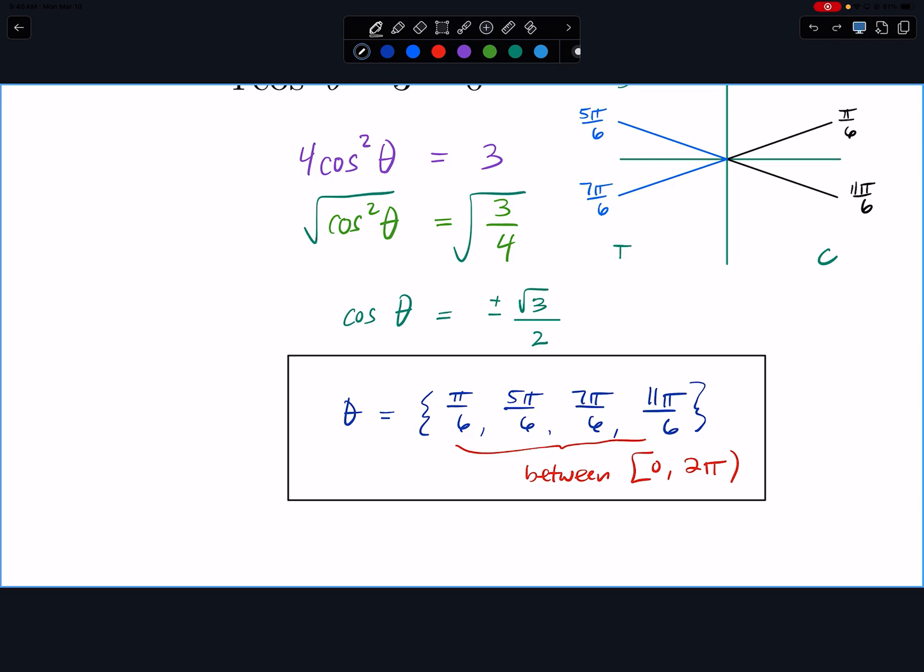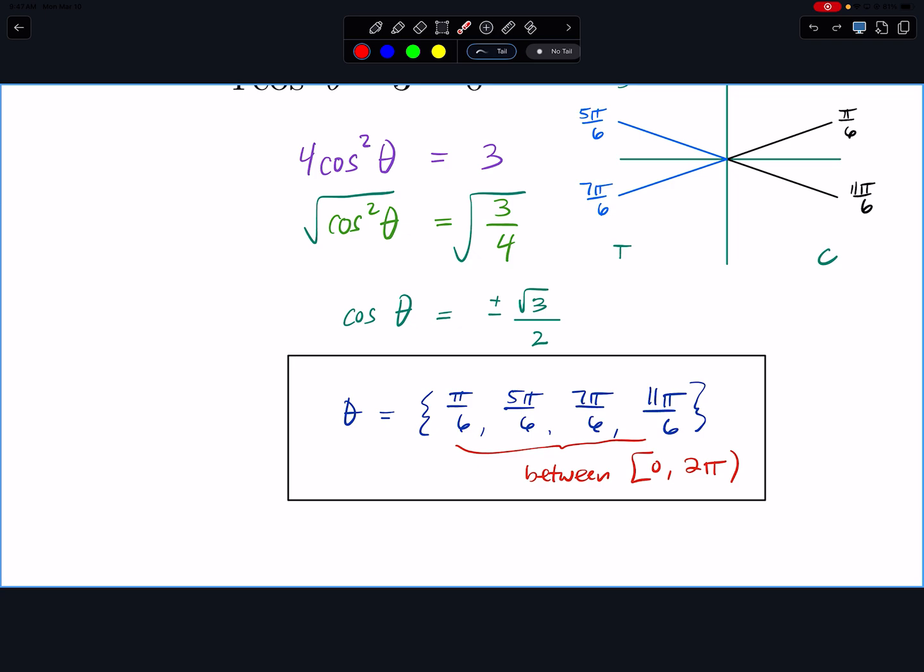So do you guys remember last week, we would basically just take our 2 answers and say pi over 6 plus 2k pi, and then 11 pi over 6 plus 2k pi. And that was only because, hopefully this makes sense, if I go from here to here, that gap, do you guys agree, is that gap the same distance as it is between those 2 angles? So that's why we have to write it twice, 2 different ways. Pi over 6 plus 2k pi, 11 pi over 6 plus 2k pi, okay?